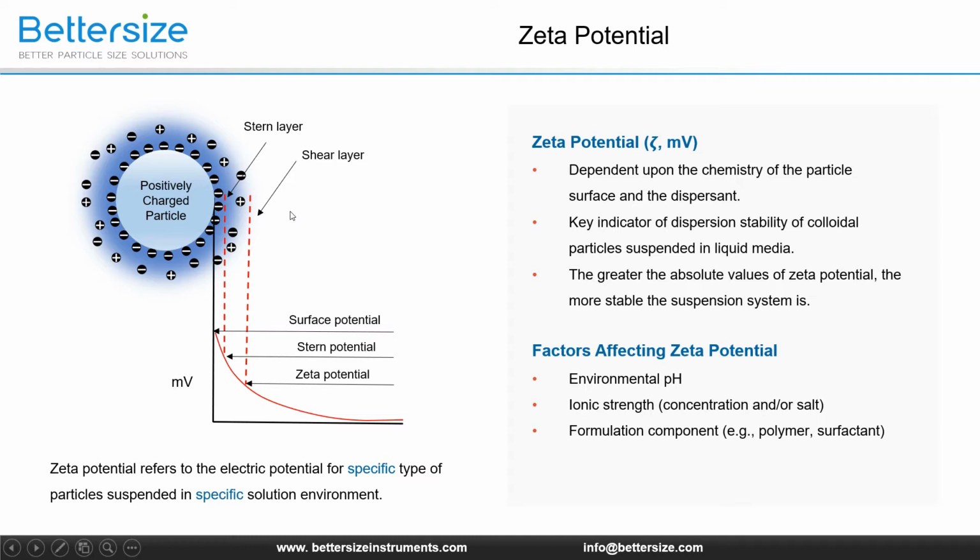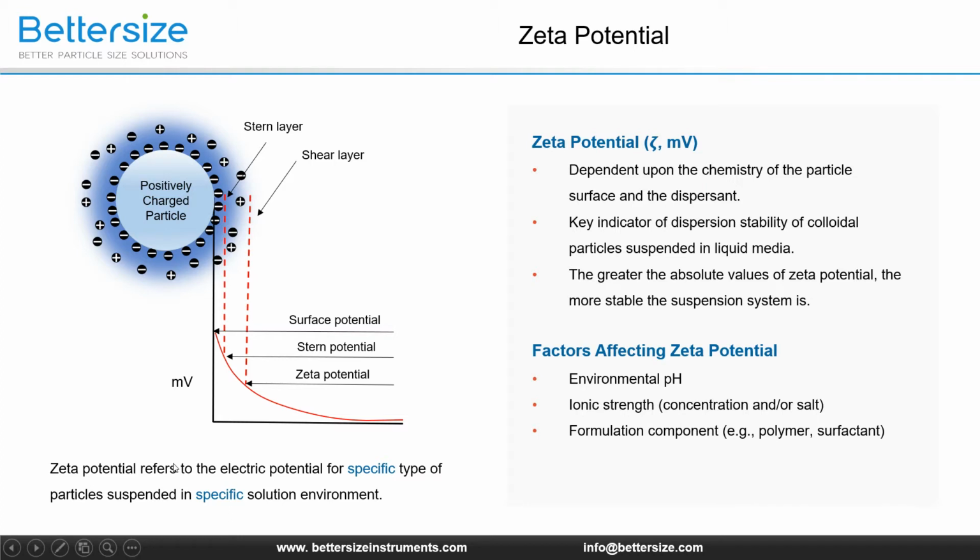The sign of the zeta potential indicates whether the particles are positively or negatively charged. The value and the sign of zeta potential depend on the chemical composition on the particle surfaces, and also the environment in which particles are dissolved, such as pH, ionic strength, and formulation component.